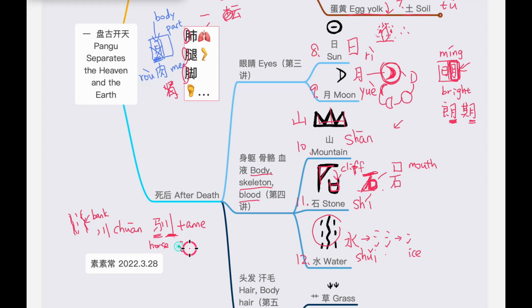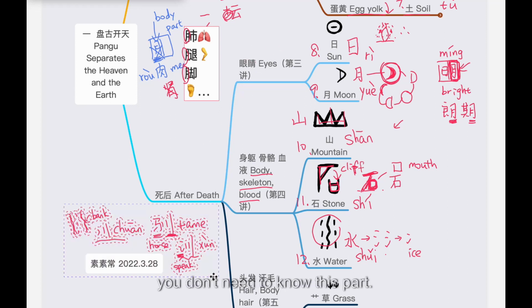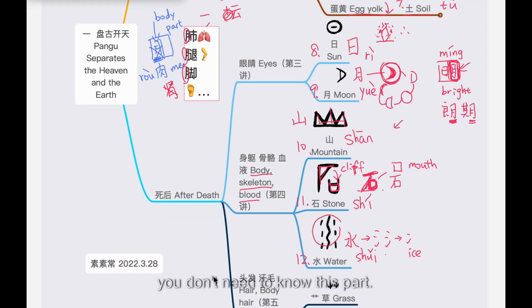And also, there's another character also pronounced 驯. We have this 言字旁 meaning to speak. This character also means to discipline, to train. All from 春. Okay. So you don't need to know this part.